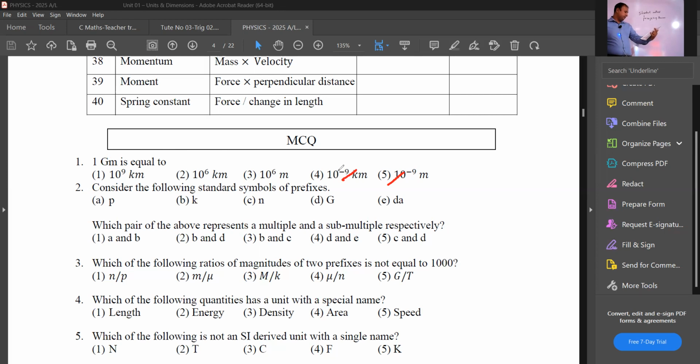Then another example. Look at question number 10.